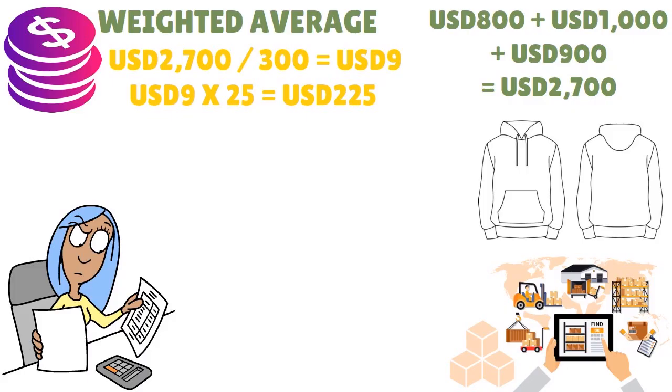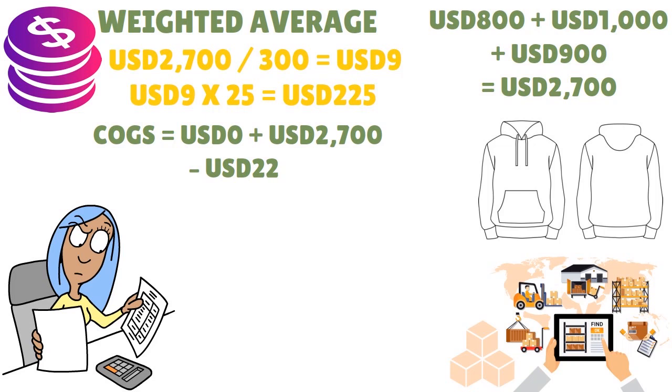You multiply $9 by 25 hoodies. That's equal to $225. And that will leave us with a cost of goods sold of $2,475, because cost of goods sold will be equal to 0 plus 2,700 minus 225, and the final number here is $2,475.